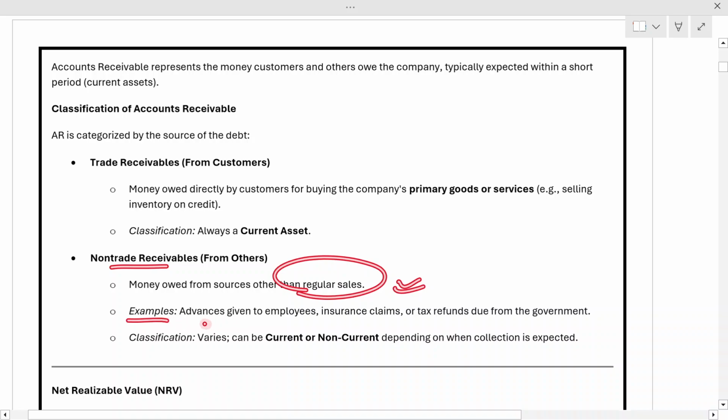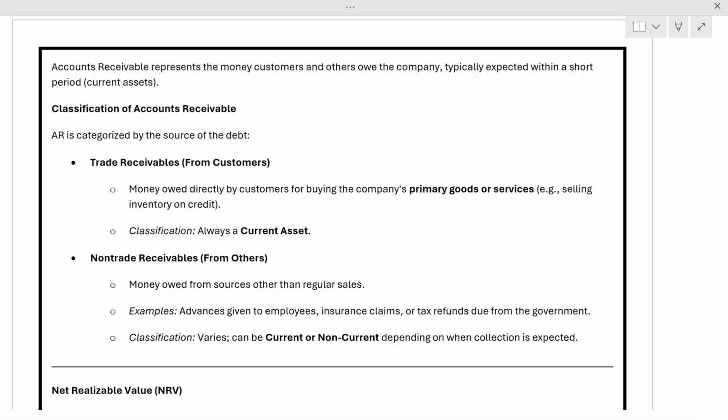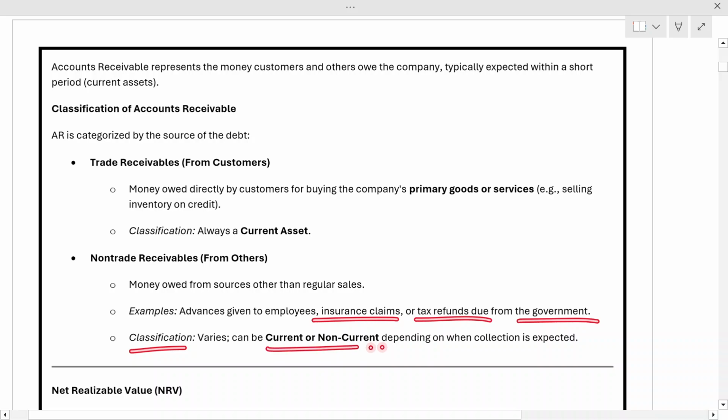For example, advances given to employees, just like we saw in the example in the previous video, insurance claims or tax refunds due from the government. The classification will depend on whether its time period is within 12 months or beyond 12 months. If it's within 12 months, then it will be a current asset, or if it's beyond 12 months, it will be a non-current asset, depending on when the collection is expected.